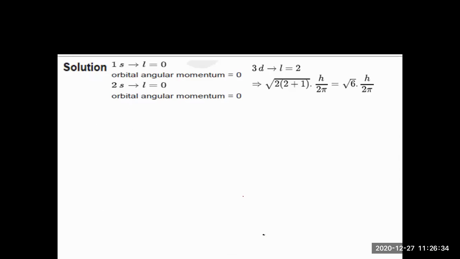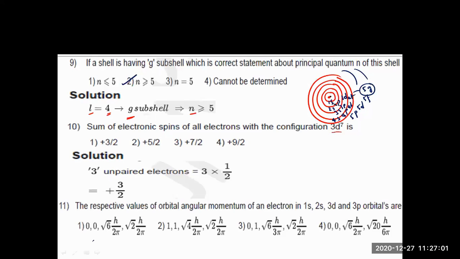So for 1s, l is equal to 0. For 2s, l is equal to 0. So angular momentum in both cases becomes 0. For 3p, l is equal to 1. You can substitute here, and it becomes root 2 into h by 2 pi. For d, l is equal to 2, and it becomes root 6 into h by 2 pi. So the correct answer is option 1.